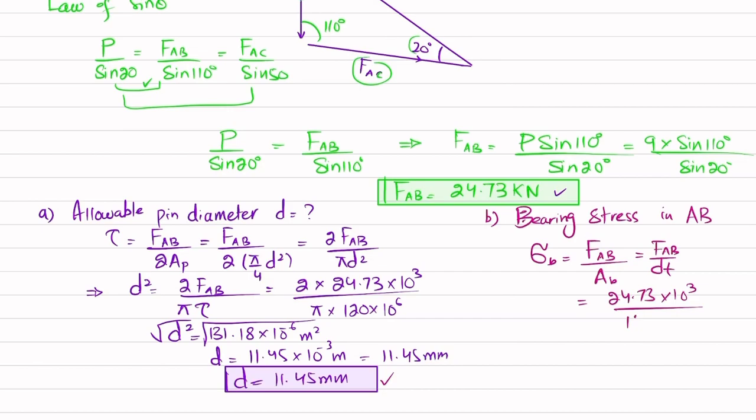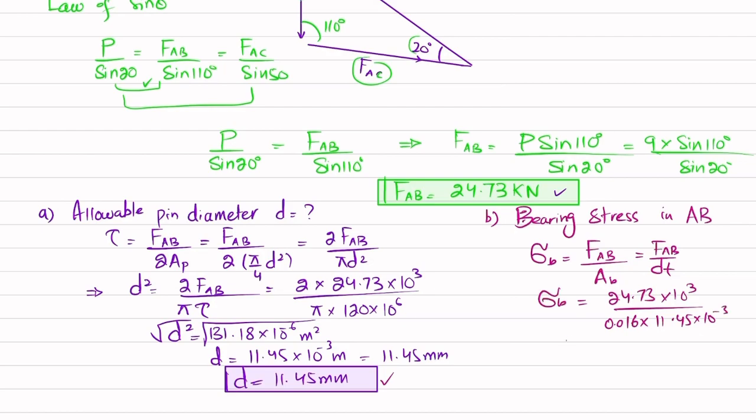So 16 millimeter in meter is 0.016 multiplied by diameter, in meter, 11.45 into 10 raised to power minus 3.